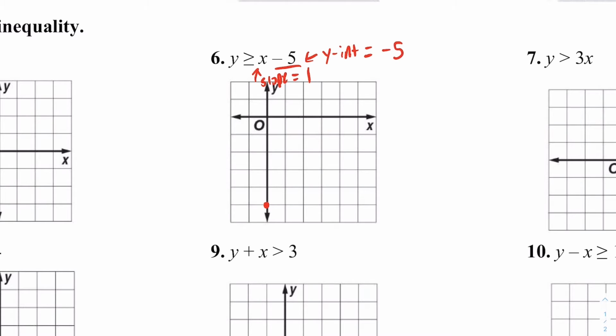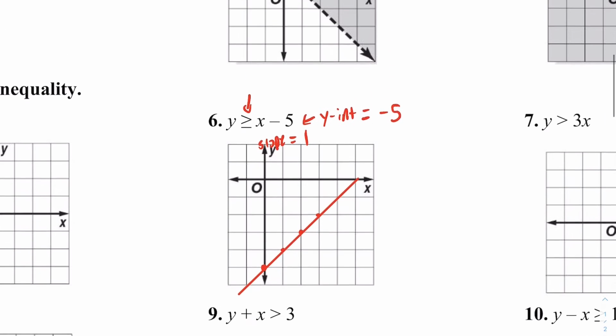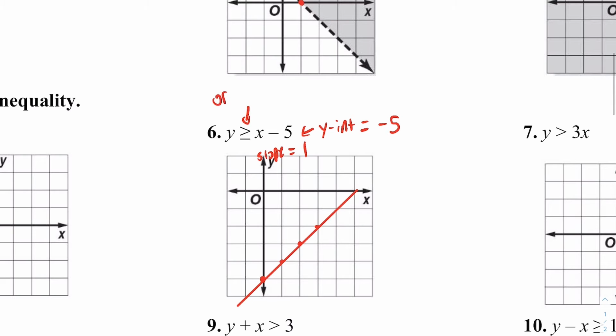It's only one x, and the number in front of x would be the number 1. 1 times x is simply x. So that means if I go one space over, I should go one space up. And that's the way this line is going to be going. Then we need to see right there, is it equal to? If it says or equal to, that means you can use a solid line.